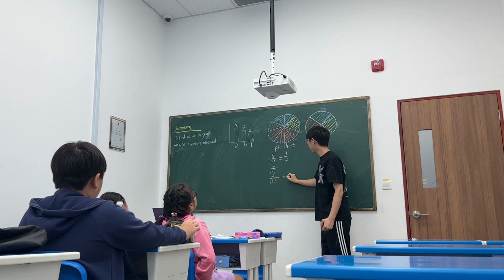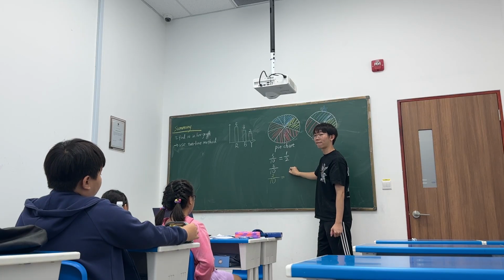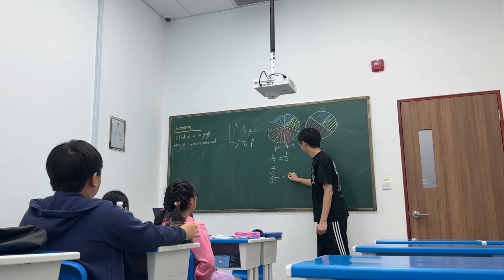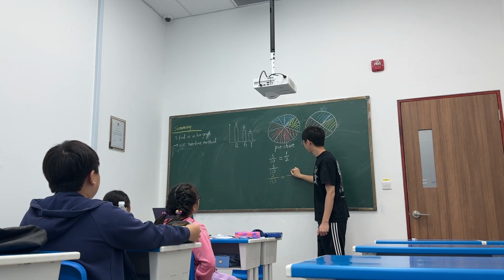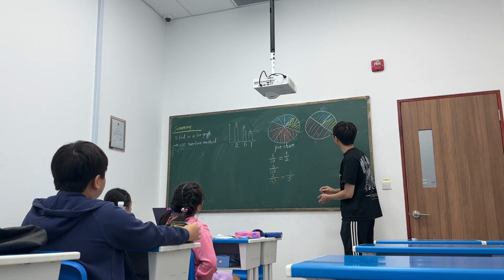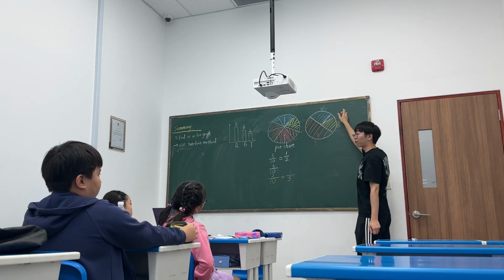Very good. So also equals to what? One over 5, very good. So this is 1/5. So you also see a graph like this.